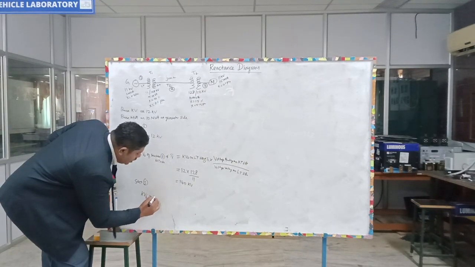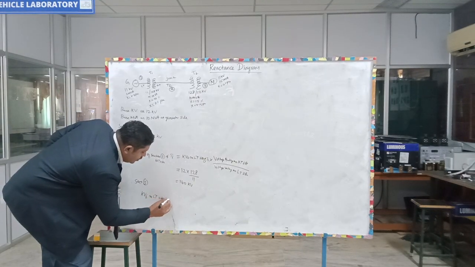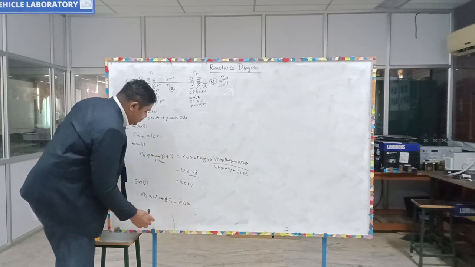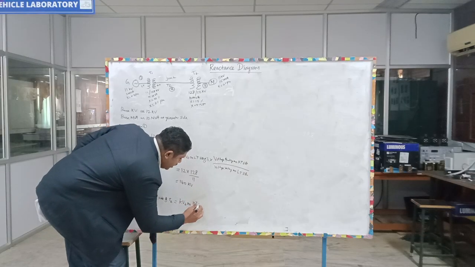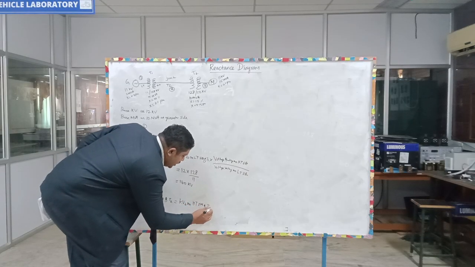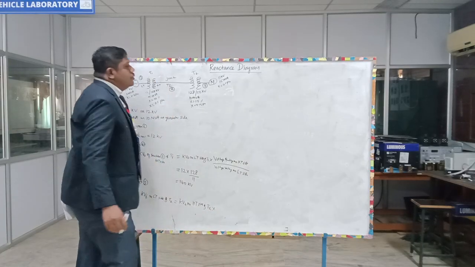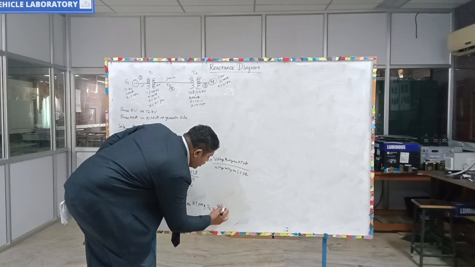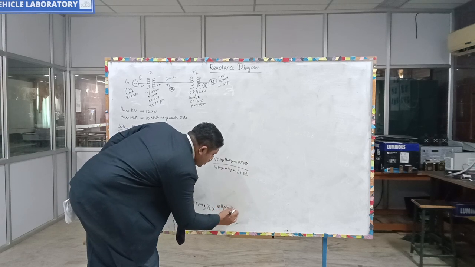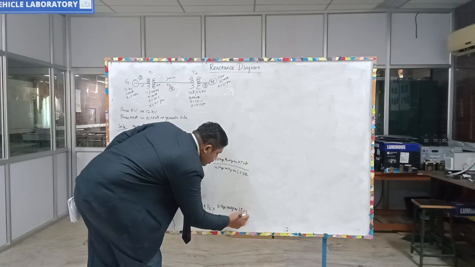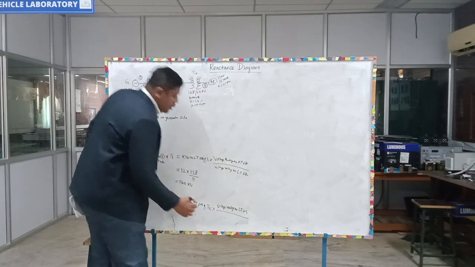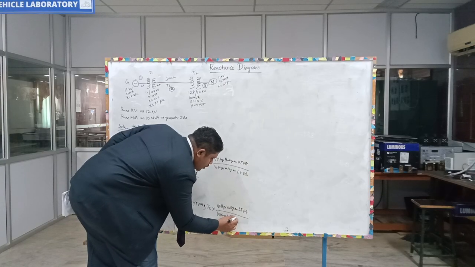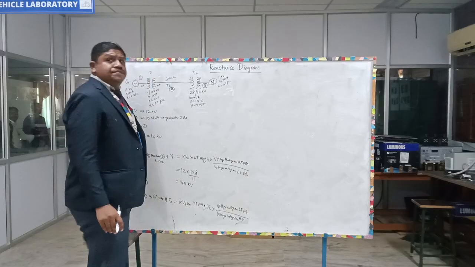The kV base on the LT side of T2 is equal to kV base on the HT side of T2 into voltage rating on the LT side divided by voltage rating on the HT side.